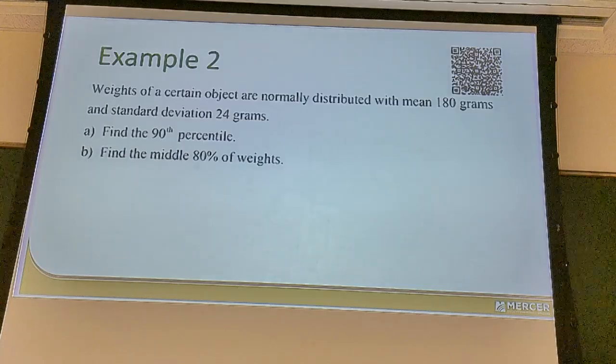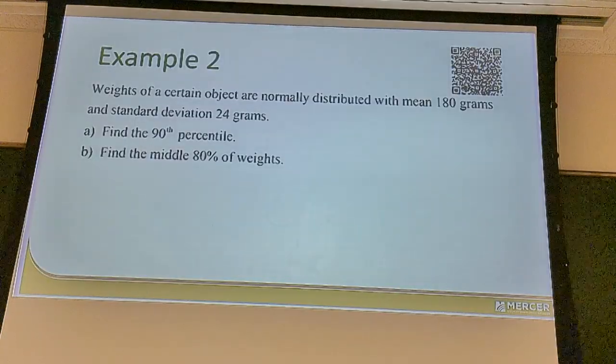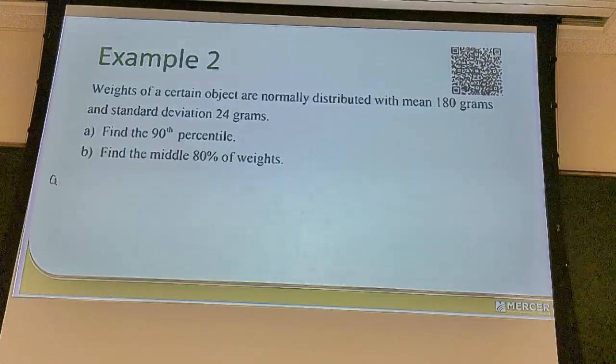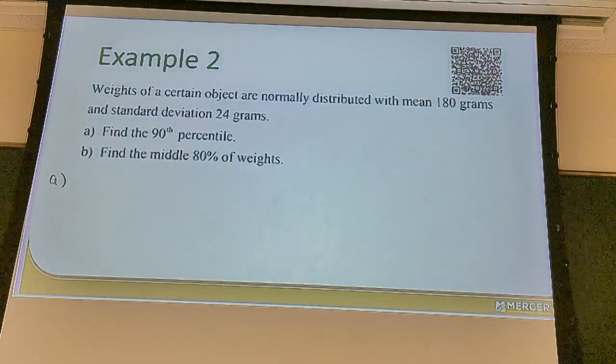This one is: weights of a certain object normally distributed, mean of 180 grams, standard deviation of 24 grams. Find the 90th percentile and the middle 80% of weights. Remember, 90th percentile.